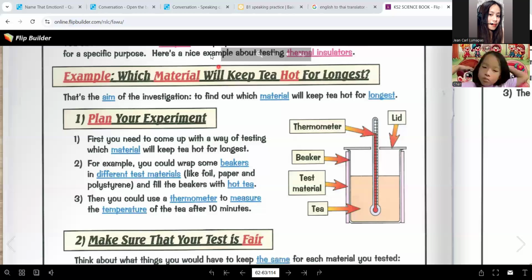No, it's not the tea. The tea is what we keep hot.